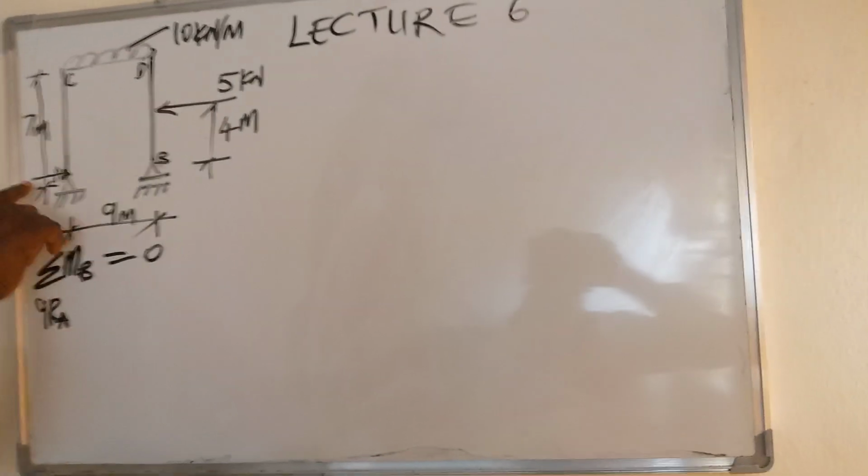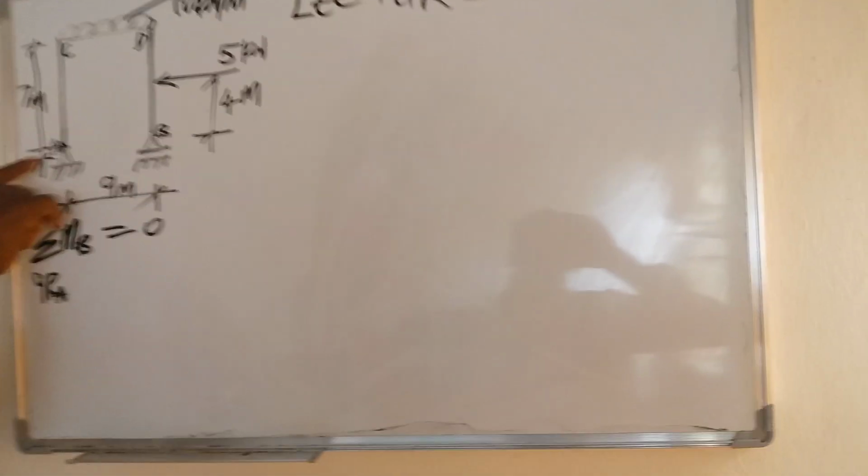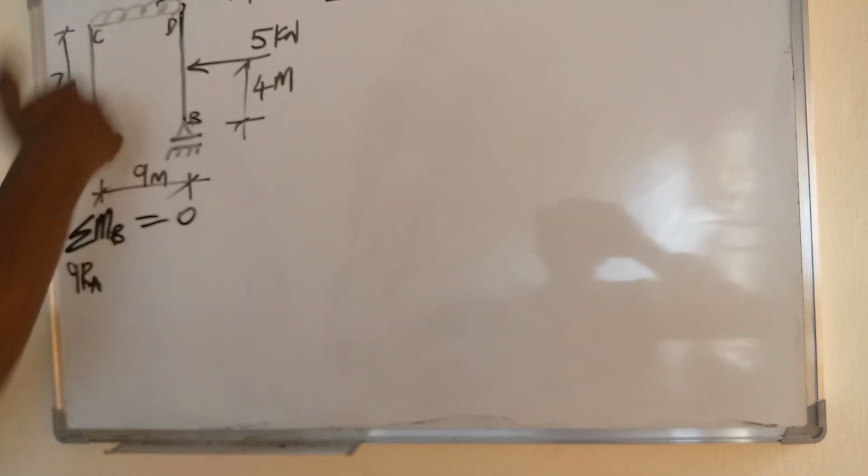If you extend the horizontal reaction at point A, it will meet point B. So it will not develop any perpendicular distance from point B. That's why its moment will be 0 as far as we're taking moment about point B. So that's why we leave it.